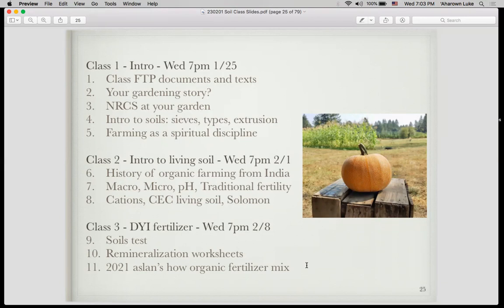analysis. The last thing was my favorite PDF on farming as a spiritual discipline. It kind of gets you to slow down and realize that plants take a while to develop, as does long-term growth.